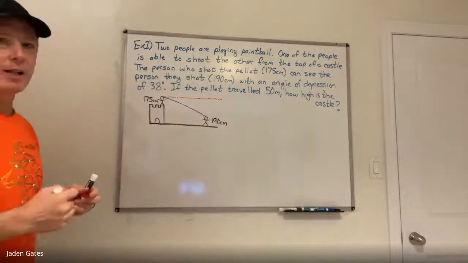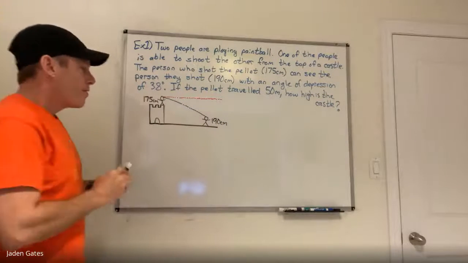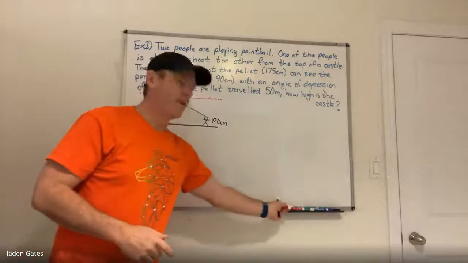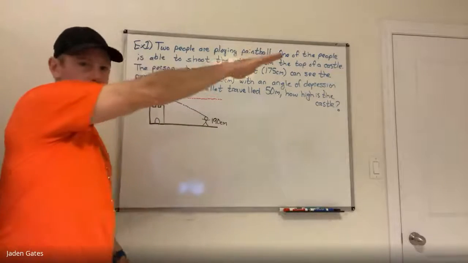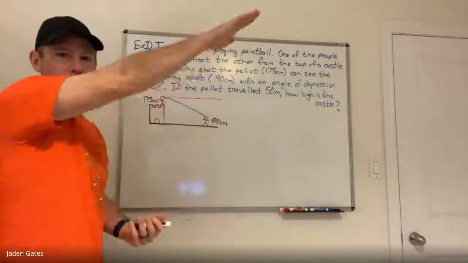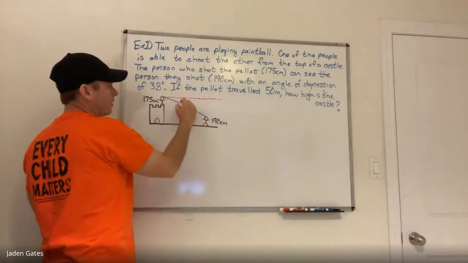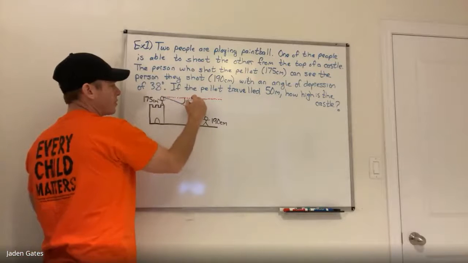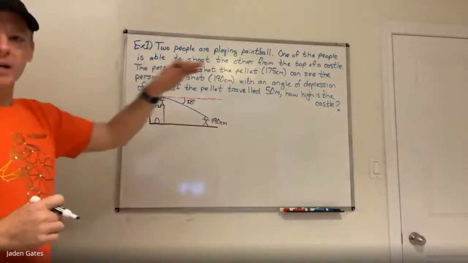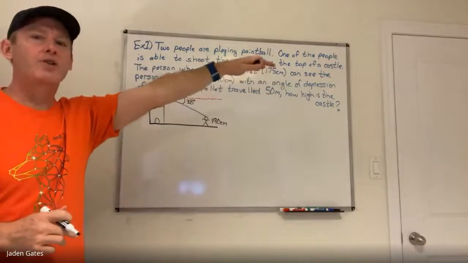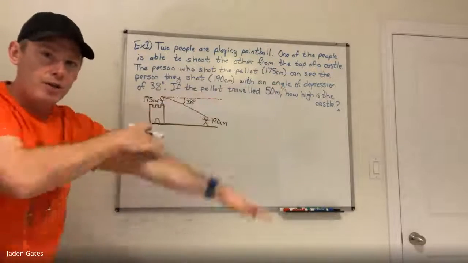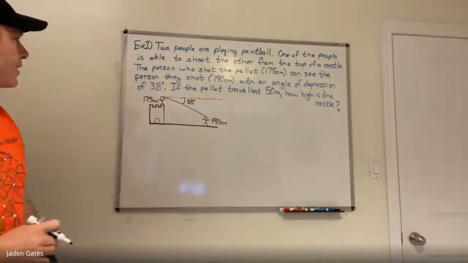That is a normal sight line, that line in red. An angle of depression refers to looking downwards, depression, down. So this angle right here is 38 degrees. The red line is a 0 degree line, and because it's depression, you're looking downwards, it's 38 degrees down from that red line.